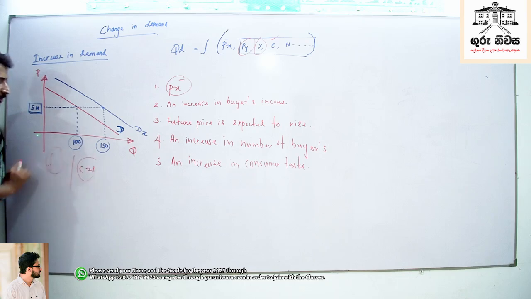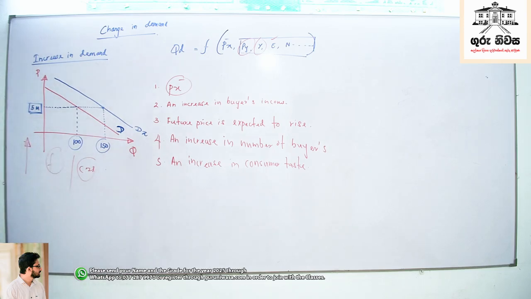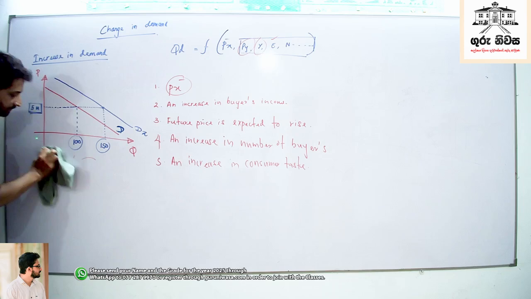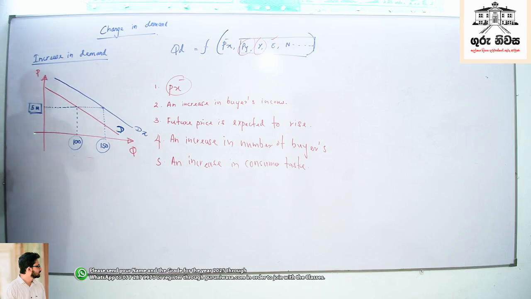These are complementary goods. I'm talking about car demand. Here we are talking about an increase in demand. So to buy more cars, the petrol prices should be decreased.